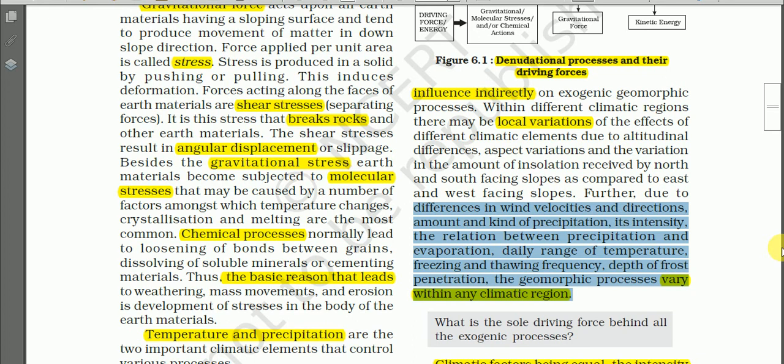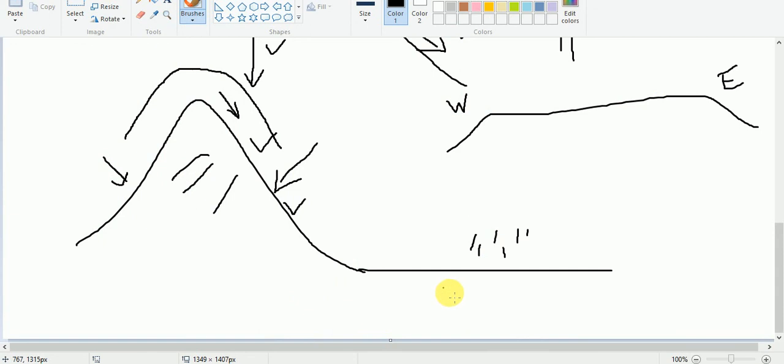Say for example, here this is a big rock, and say we have a crack here, and this crack may be filled up with water, and during the night time this water may turn into ice, and when the water turns into ice, the volume is expanded. Because of that the ice will exert a great pressure on the wall of the rock, and this is what we call freezing and thawing. We will learn it in detail later on.